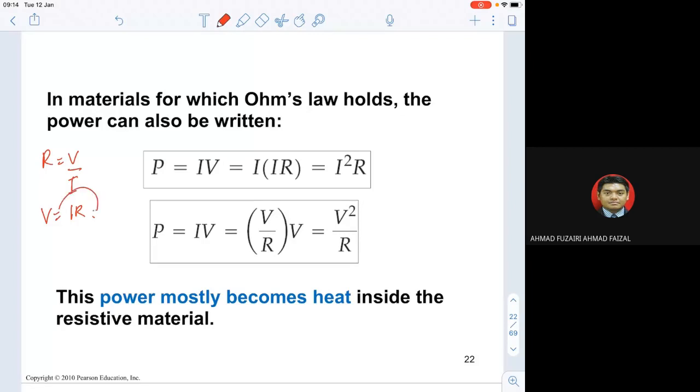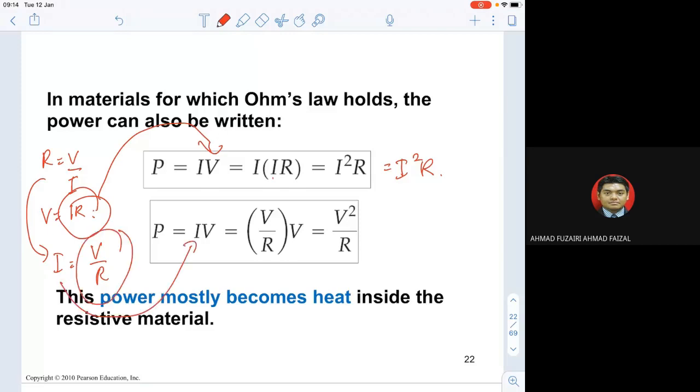Then we can replace V with IR in order to get P equals I square R. I times I with R, so I square R. And also you can replace I with V over R. So you become V square over R. So right now we have P equals IV, P equals I square R, and P also equals V square over R.